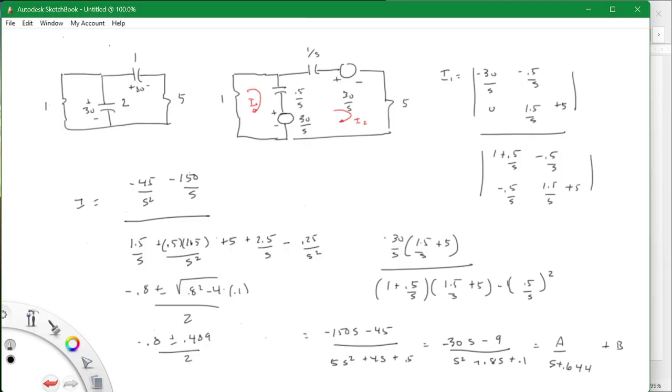So that one is the addition. The other is 0.8 minus 0.489, divided by 2, is equal to 0.155.